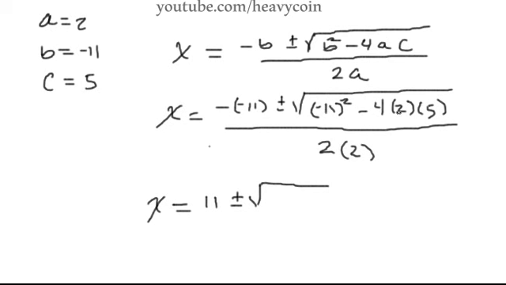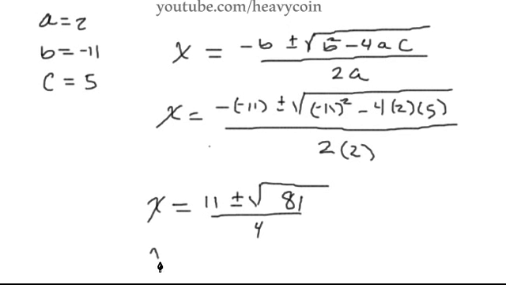You know, 4 times 2 is 8, times 5 is 40, 121 minus 40, anyway. Square root of 81, okay? And 2 times 2 is 4, and that's over 4.